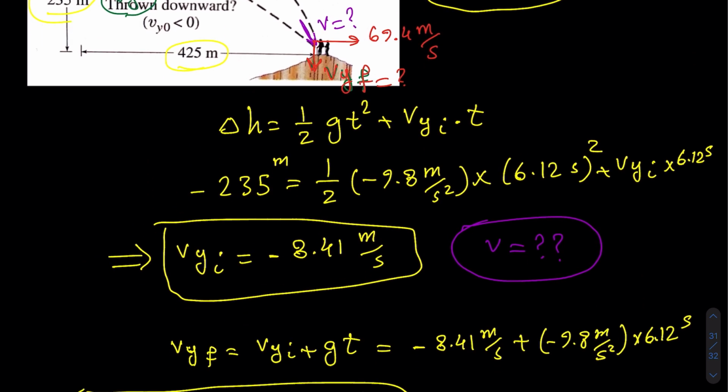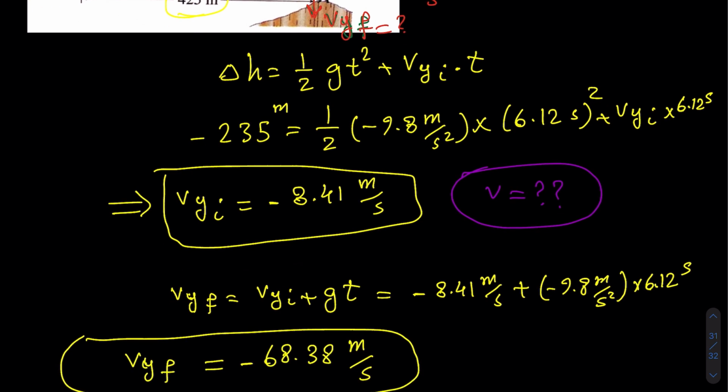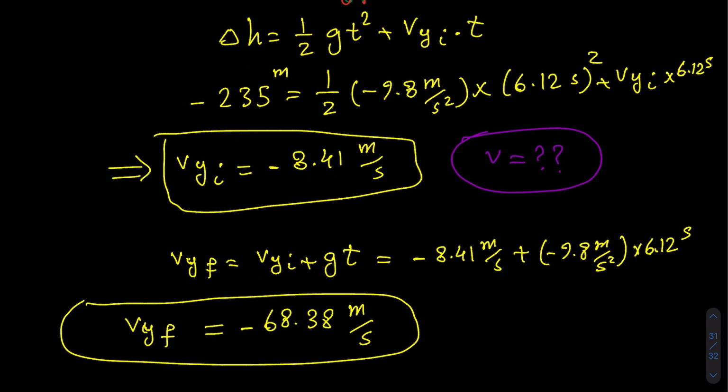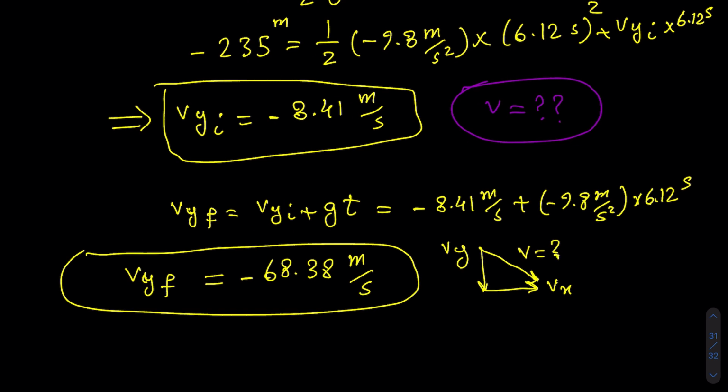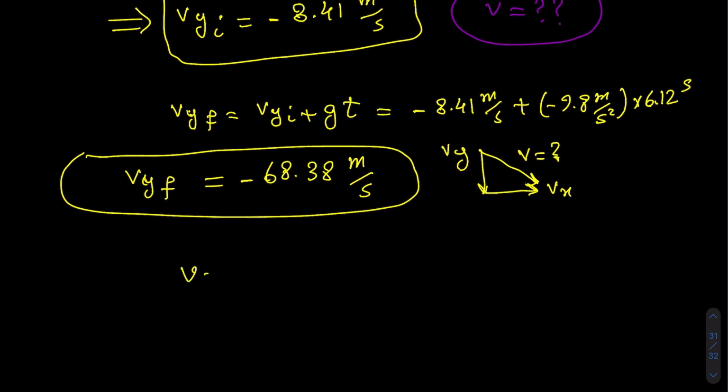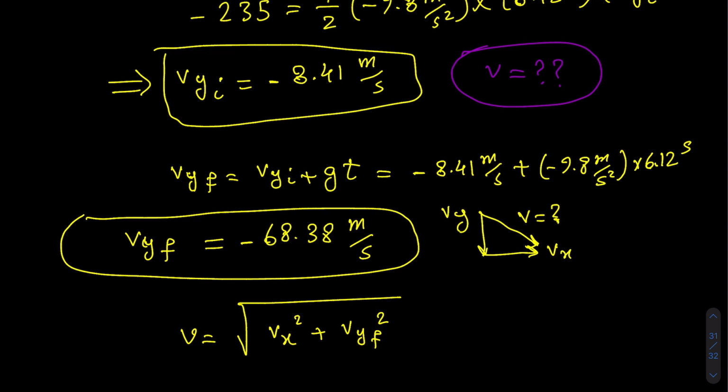And simply we can use the Pythagorean theorem to find the v. We already have vx, we already have vy, and we can find v here. What is the value of velocity here, right? And then we can say v is equal to the square root of vx to the power of 2 plus vy final to the power of 2, because we need to find the final velocity of the supplies.